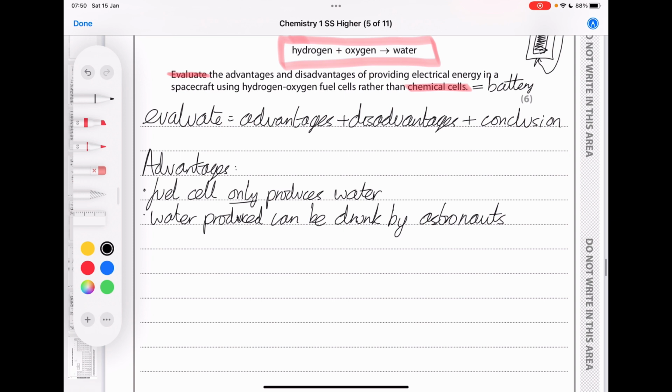Other things we could have said in comparing to chemical cells. A fuel cell does not run out, providing there is fuel.